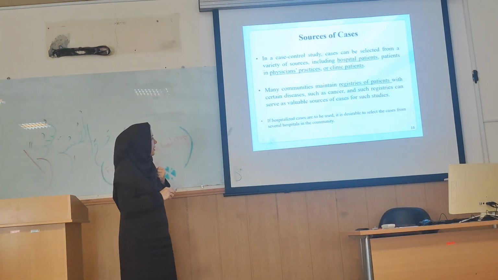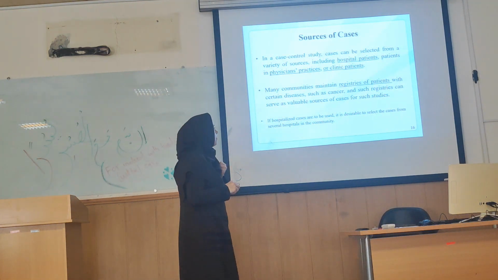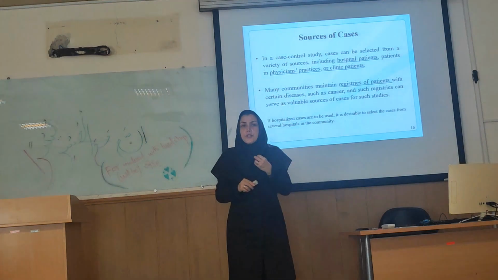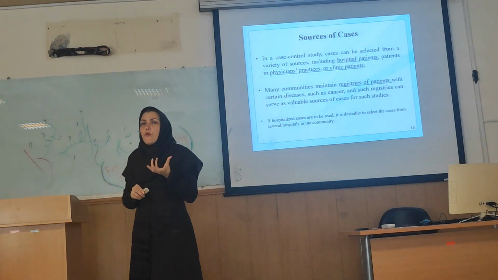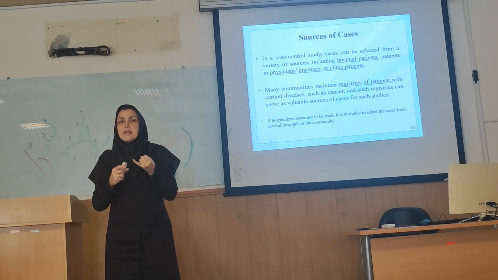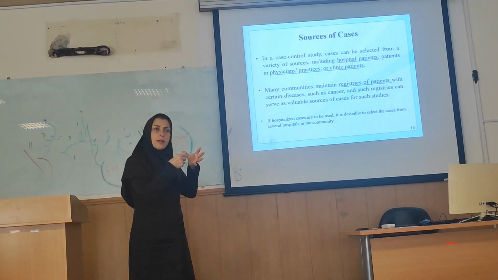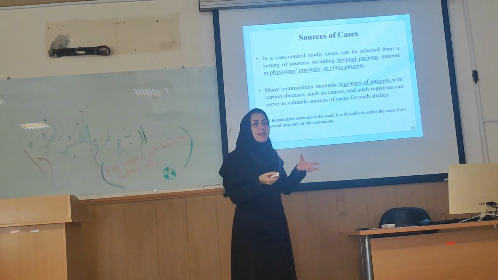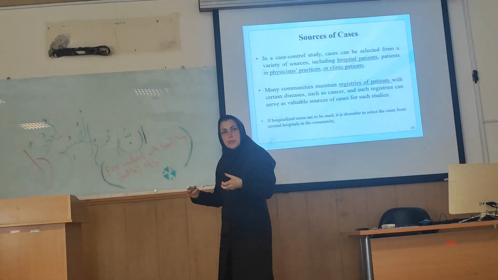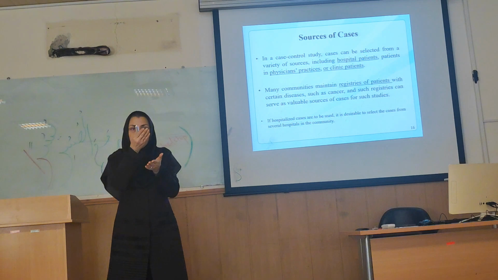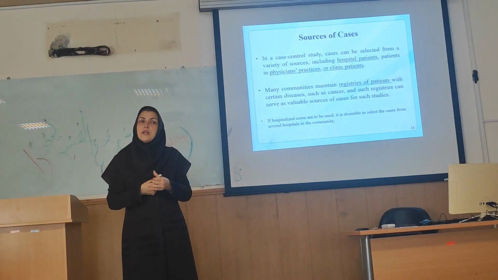But sometimes we can go and use the forms of registries. For example, cancer registry forms. We can go to the registry centers and ask the responsible officer to give us the registries.